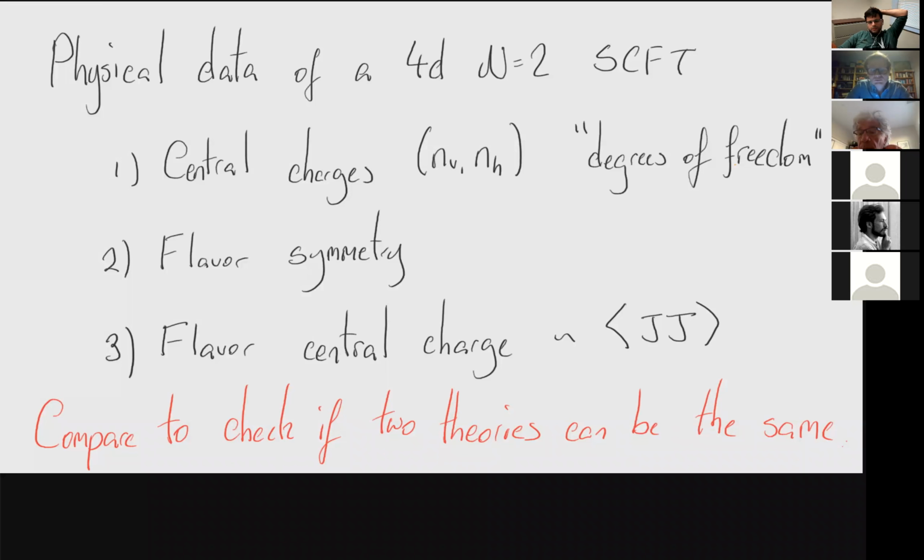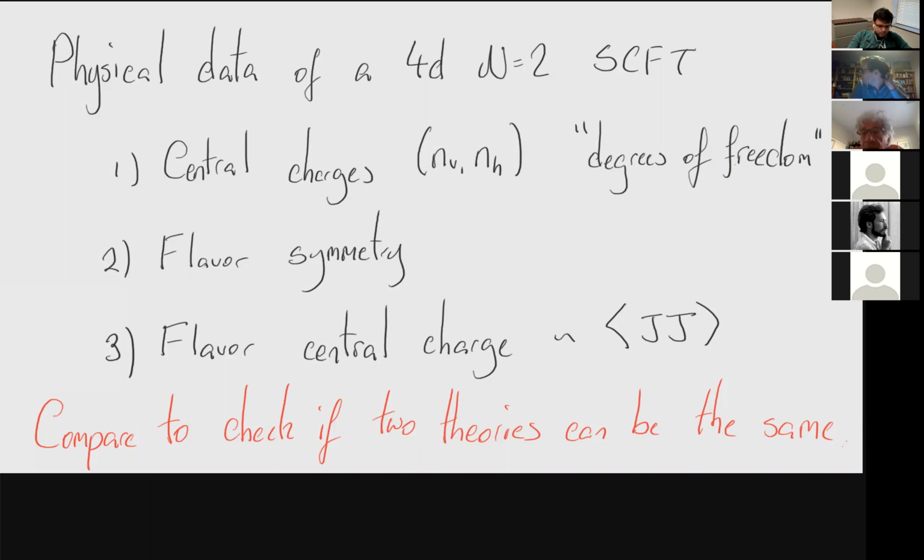I have one more question on this. In class S, we know of examples of theories which are distinct SCFTs, but have the same Weyl anomaly coefficients, flavor symmetries, and flavor central charges. Absolutely.